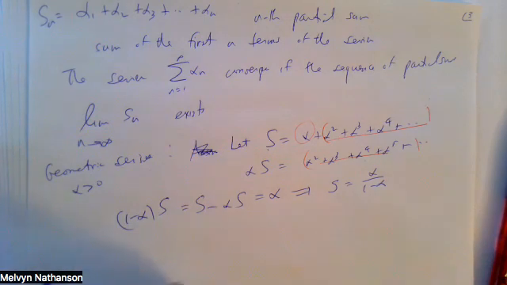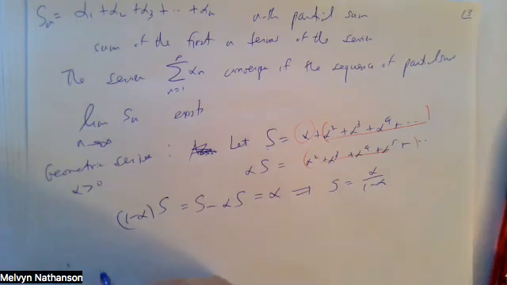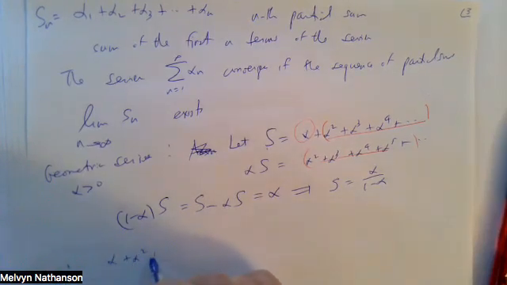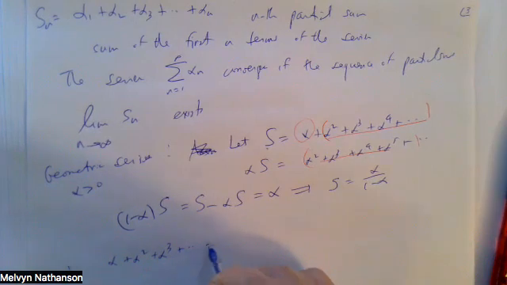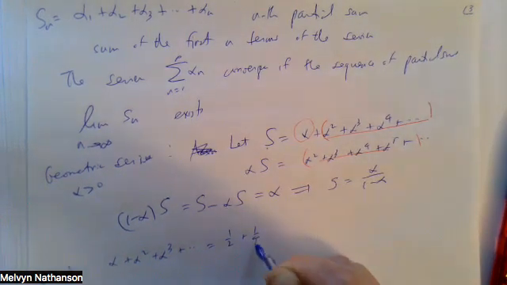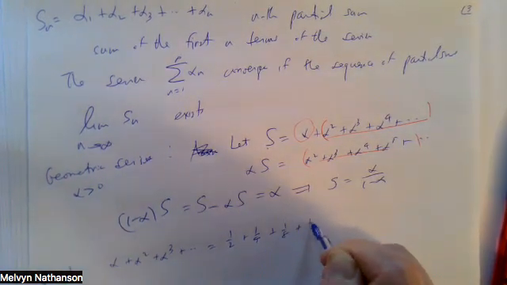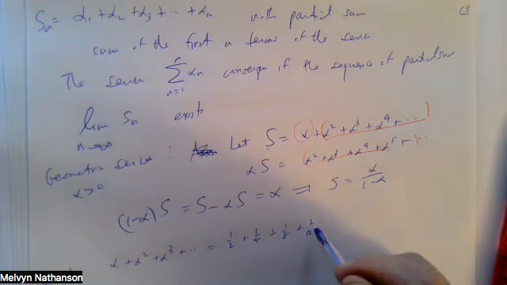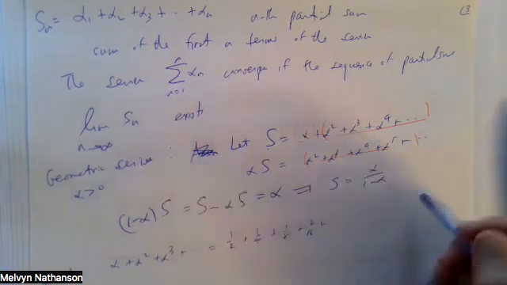So let's take the famous example, which goes back to the Greeks. Suppose alpha is a half. Then alpha plus alpha squared plus alpha cubed and so forth is a half plus a 4th plus an 8th plus a 16th. You're just summing over the reciprocals of the powers of 2.